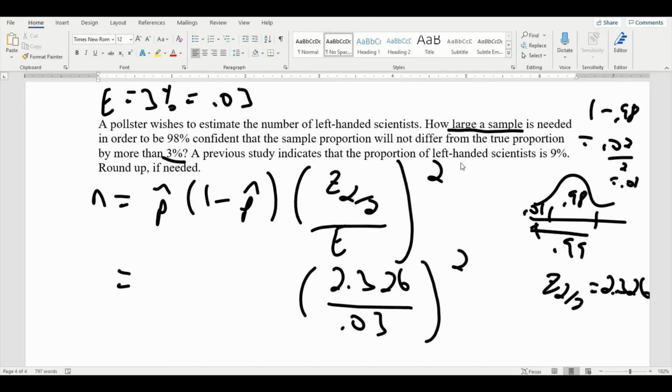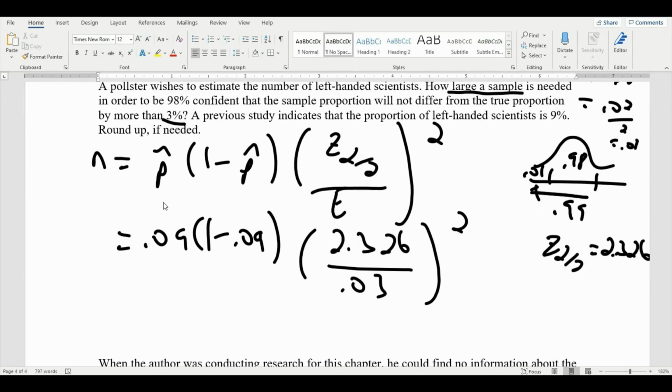The previous study indicates the proportion of left-handed scientists is 9%, so that's going to be our p hat. So 0.09, 1 minus 0.09. And it could be a p there, it just depends, but it should be a p hat.